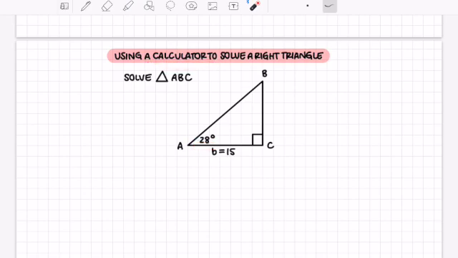So if we have 28 degrees, I know from the start that the degree of an entire triangle should be 180 degrees. And on top of that, I know that this is supposed to be 90 degrees. So all I'm going to do is take my total amount of degrees from a triangle and subtract the 90 degrees and the 28 degrees.